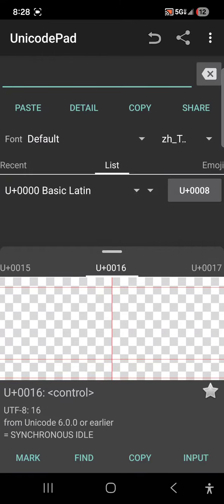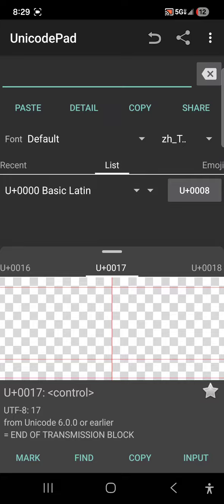This is synchronous idle. It is used to lighten the idle of any paragraph. This is end of transmission block.